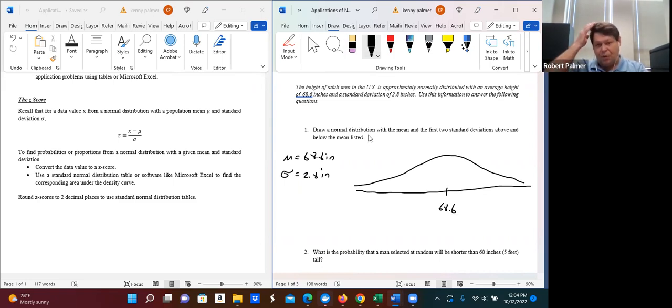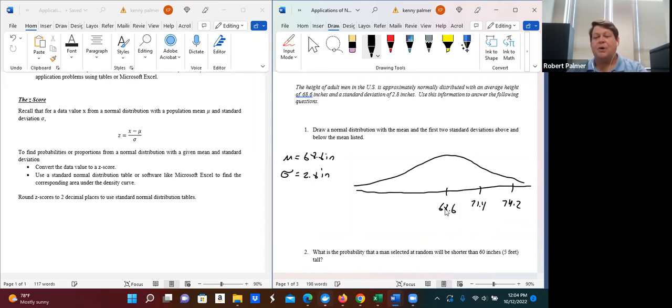It says to draw a normal distribution with the mean and the first two standard deviations above and below the mean. One standard deviation above the mean, add 2.8 to 68.6, we get 71.4. Two standard deviations above would be 74.2.